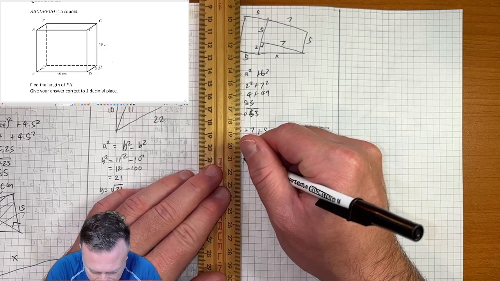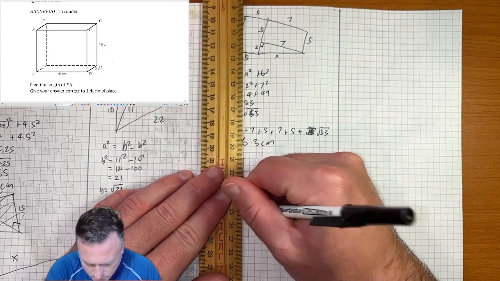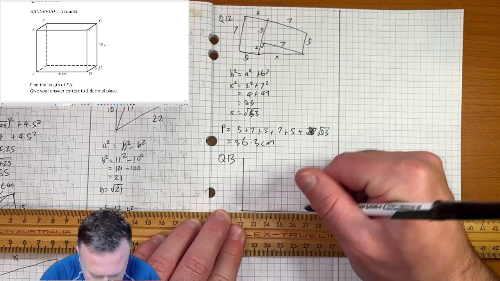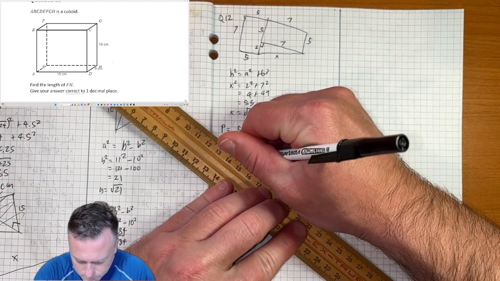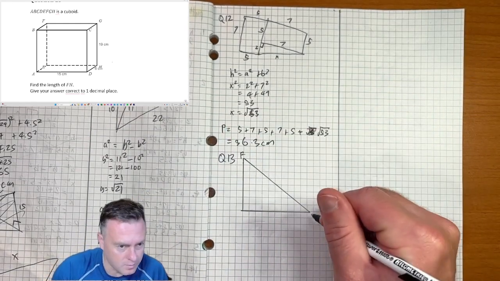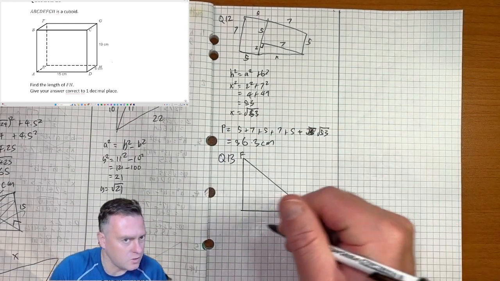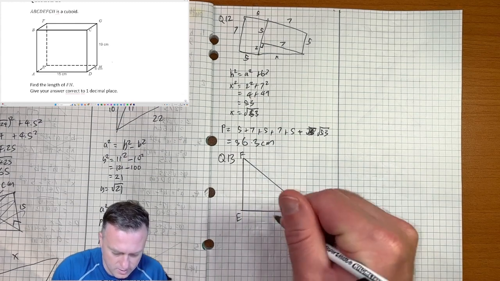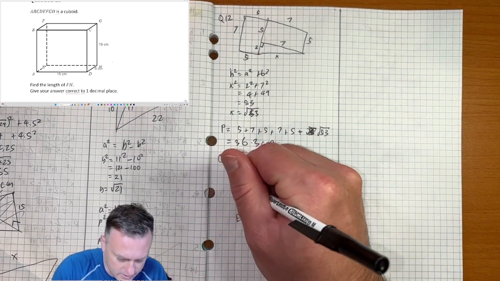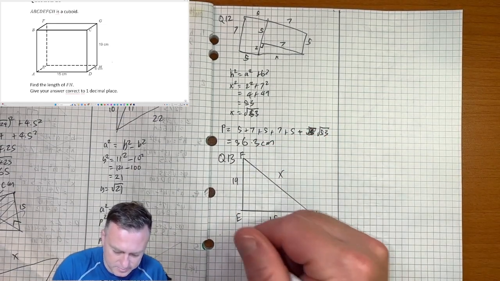I'm just going to draw the back wall. So we've got F, H, we have E, and then the measurement in the front, that's 15, and then the height is 19, and then I'm trying to find X.